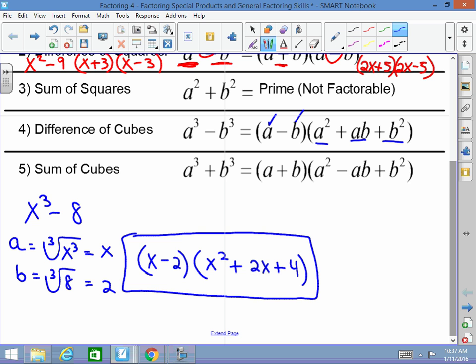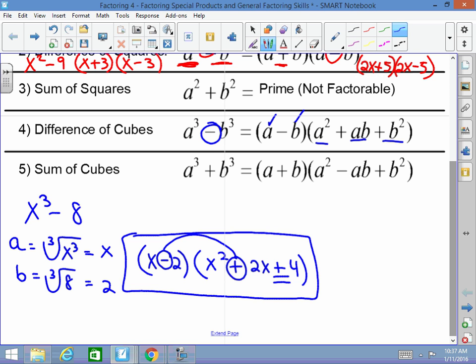You are done. Notice, please, that when you have a difference of cubes, this is negative, this becomes positive, this guy's always positive. Sir, explain that at the end where the first one becomes negative or positive. Well, you started with a negative, right?